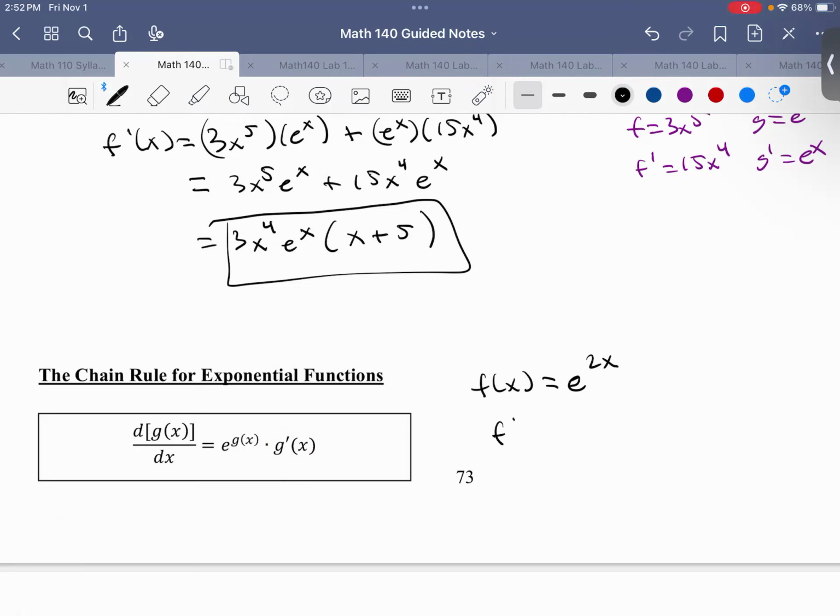The derivative is going to be itself, so I would write e to the 2x, another copy of itself, but I need to find the derivative of what that e is raised to. The derivative of 2x is 2, so this would be times 2. And so my derivative is 2e to the 2x.